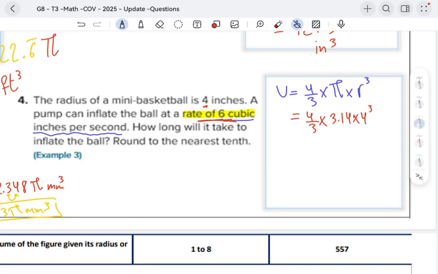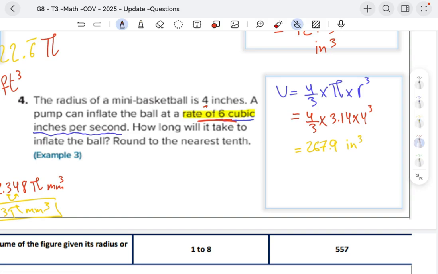I'm going to use the calculator. 4 out of 3 times 3.14 times 4 cubed gives us 267.9. This is the volume of the sphere, and the unit is inch cubed.